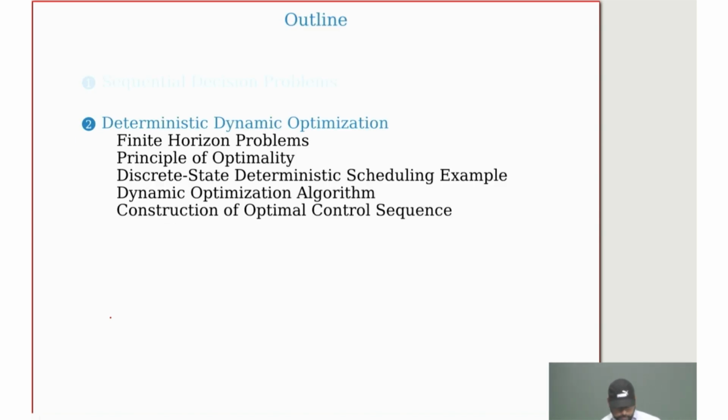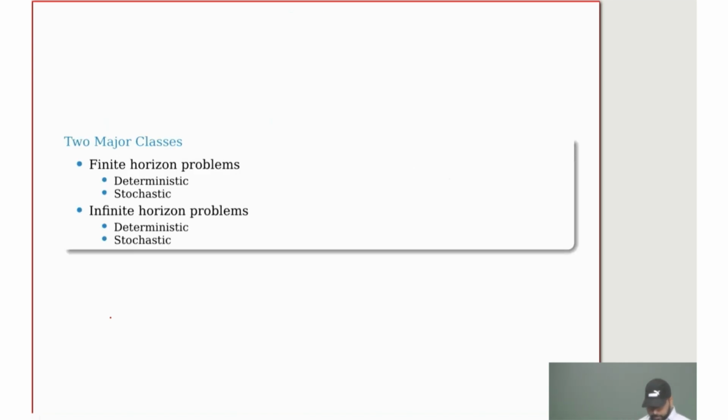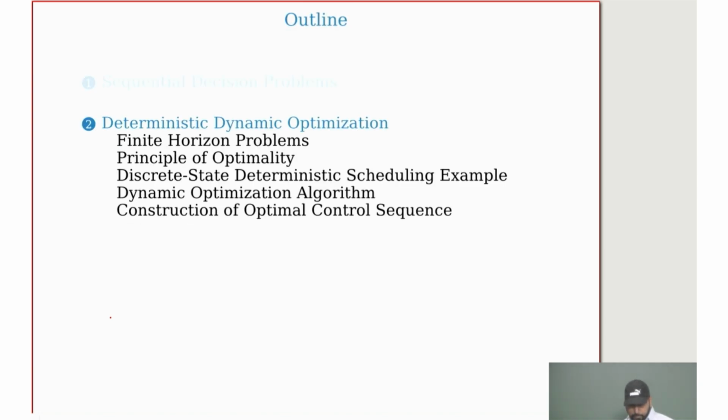But broadly, we have these two classes, and then we will classify them further as we go along. So we will start with something called the deterministic optimization problem. So finite horizon and deterministic. That's our starting point, and then we will gradually make it stochastic, and we will go into the infinite horizon case.